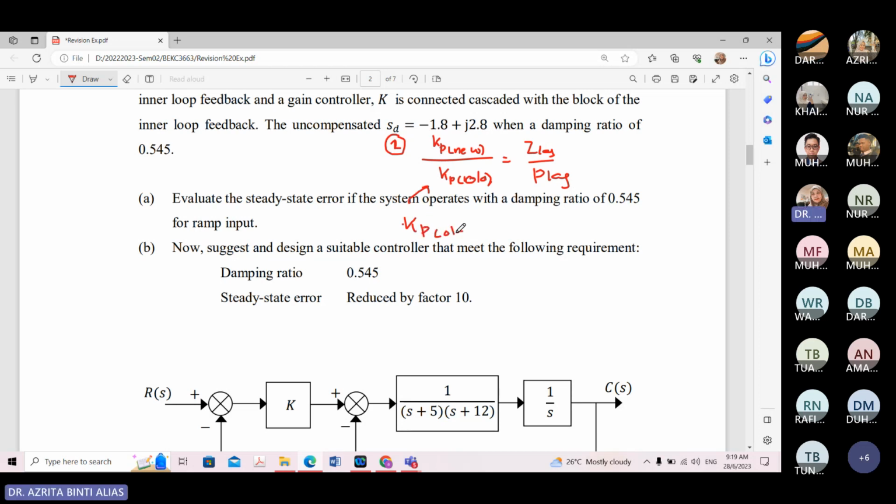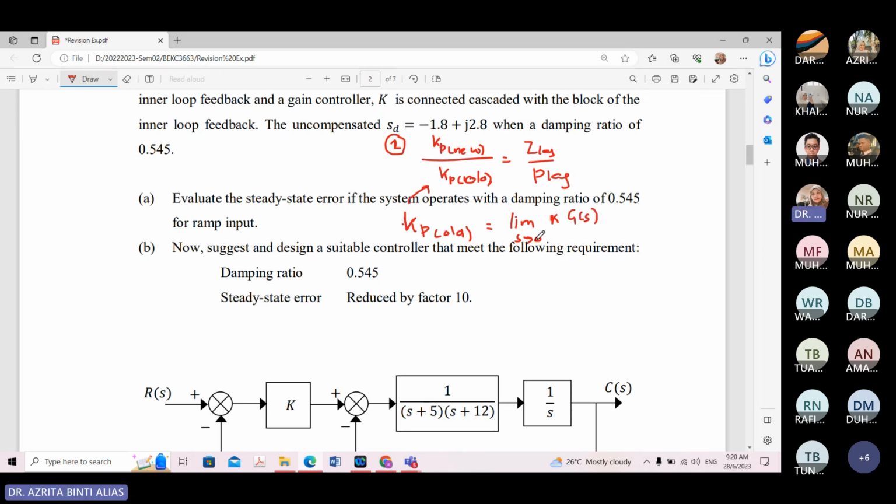Okay, so Kp old, or Kp of the uncompensated system. The formula for Kp is given by the limit as s goes to 0 of K G(s).